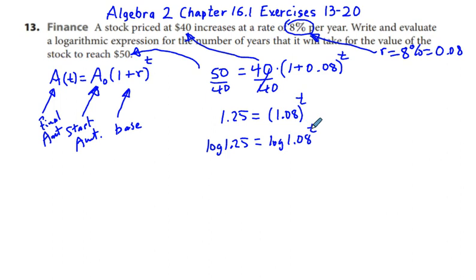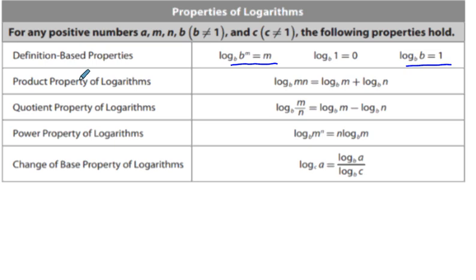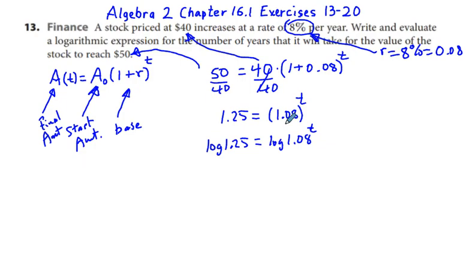And using the power property of logarithms, which is right here, if we have log base b of m to the n power, that's equal to taking this n out front. And that's exactly what we're going to do here with this t. So we have log of 1.25 equals t log of 1.08.